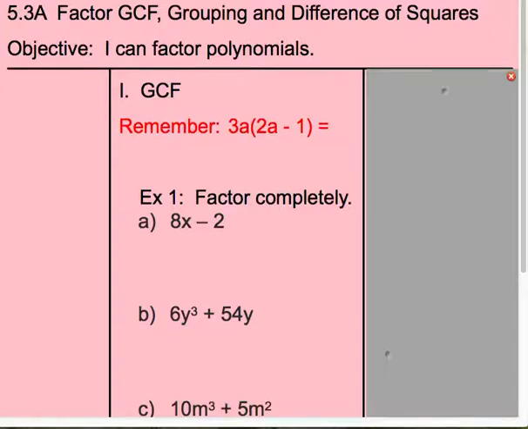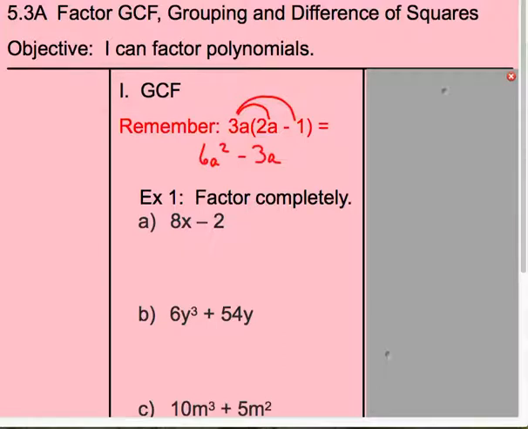Well, to simplify that, I would distribute or multiply the 3a times 2a to get 6a squared, and 3a times negative 1 to get negative 3a. So this answer that I just got looks like the questions that we have sitting below. So we are going to factor or divide to return it to its distributed state.